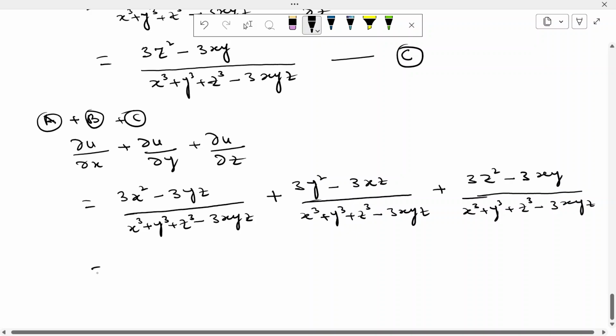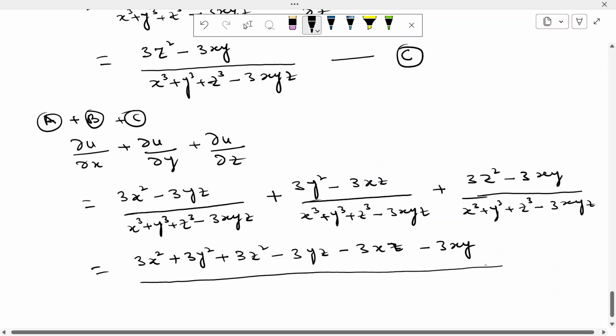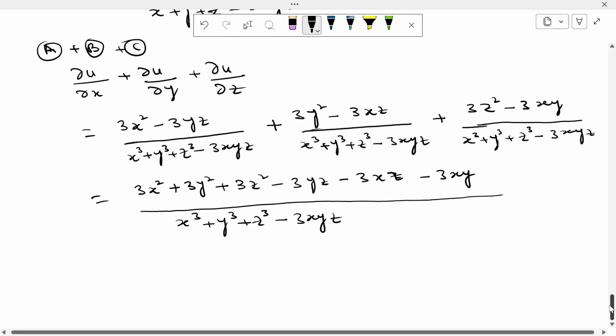So while we take the LCM, this will be 3x square plus 3y square plus 3z square minus 3yz minus 3xz minus 3xy upon x cube plus y cube plus z cube minus 3xyz.